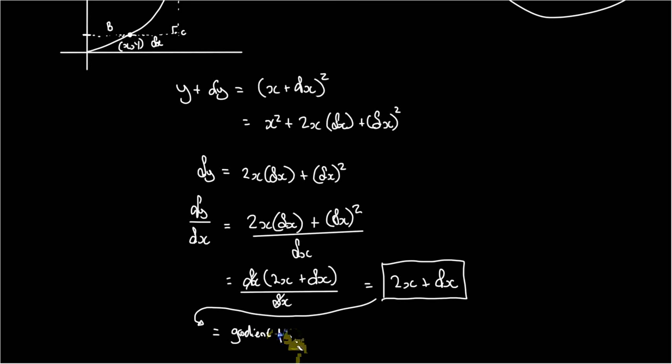the tangent at our point B, gradient of the tangent, okay, which equals the limit of delta y over delta x.